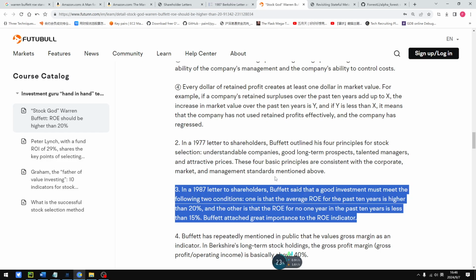In one of his rules, he mentioned that a good investment must meet the following two conditions. One is that the average ROE for the past 10 years is higher than 20%, and the other is that the ROE for the lowest year in the past 10 years is not less than 15%. So he attached great importance to the ROE indicator.